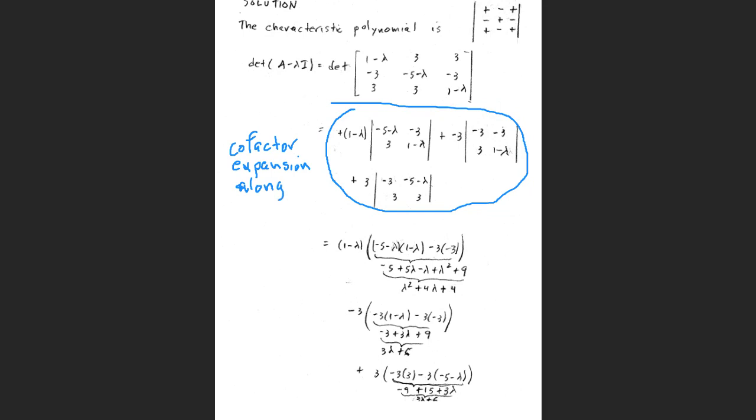All right, what row or column are we doing our cofactor expansion along?